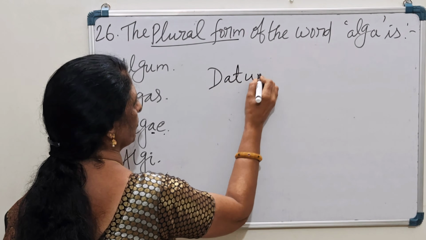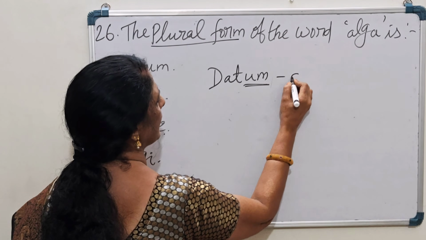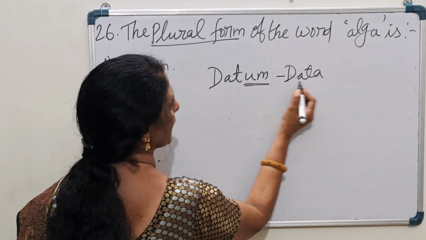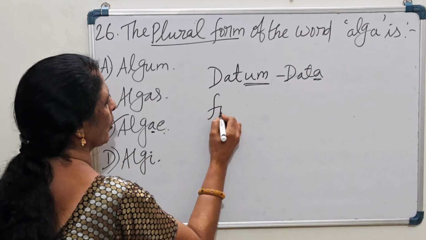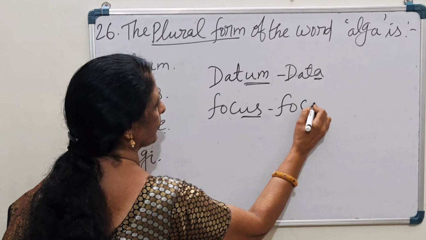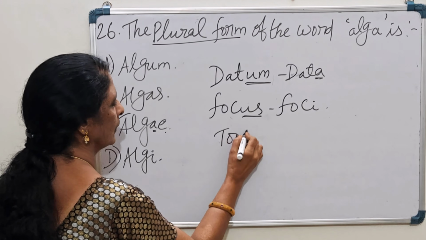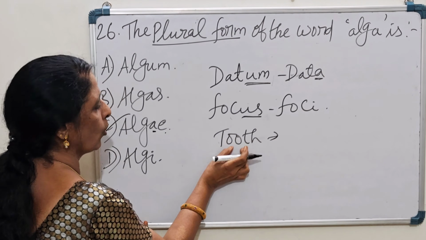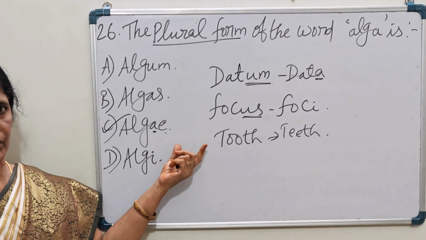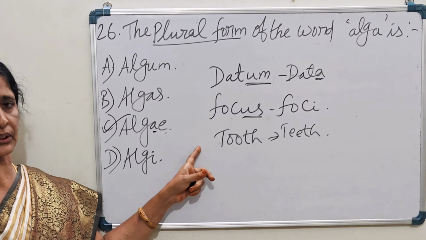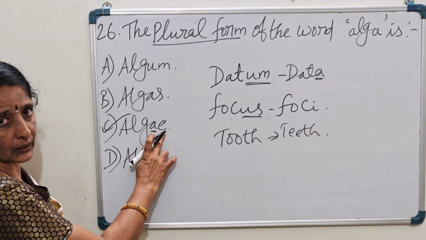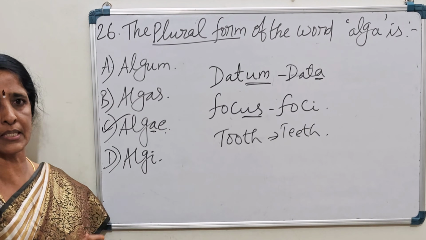Now datum means UM comes A, then the answer will be data. UM comes A. Like that. Focus: US comes I, foci. Tooth: two O is there, then two E. Like this. Very easy, I have explained for you. Tips I have given in that. So you please watch that video. Now for this answer, A comes, E we have to write: algae. Option C is answer.